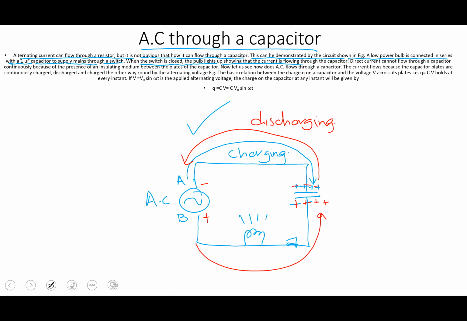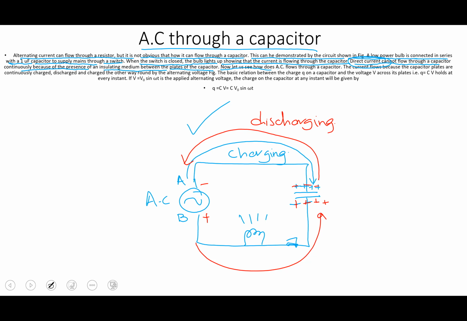Showing the current flowing through the capacitor, the direct current cannot flow through the capacitor. As I've told you, direct current basically cannot pass through as the capacitor is full and the current can't change its direction, so it will stop after a while. The direct current cannot flow through the capacitor continuously because of the presence of insulating material between the plates of the capacitor.